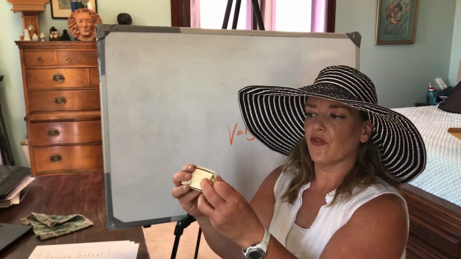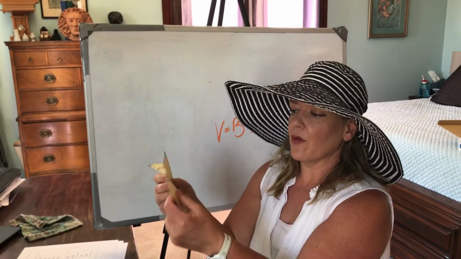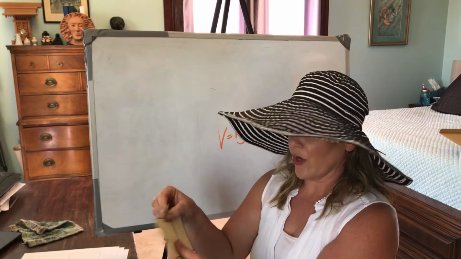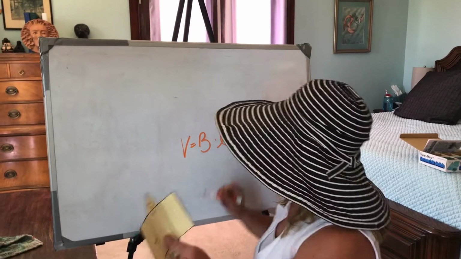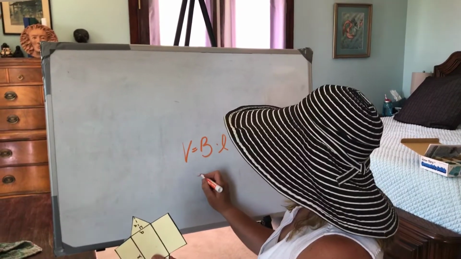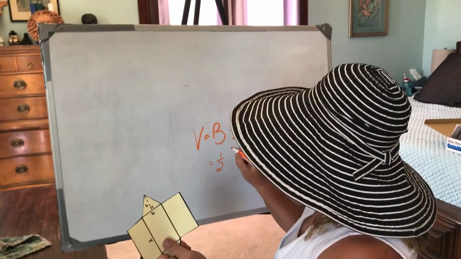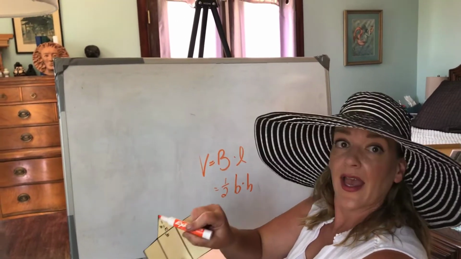Okay, so first things first is we calculate the area of the base, and then we multiply it by the length in between. So the area of the base here is the area of a triangle, which is 1/2 base times height. Okay, so base here and height.